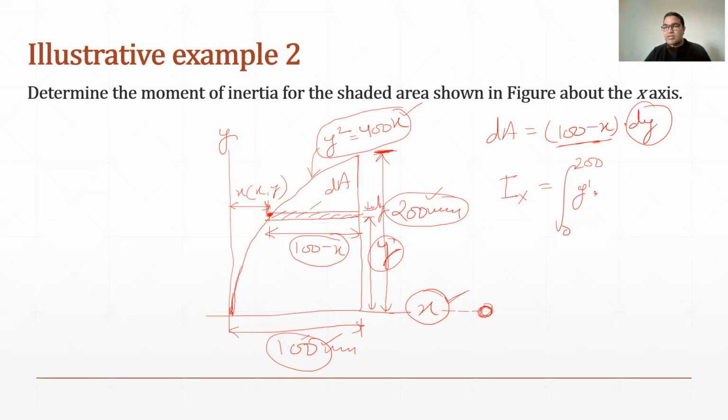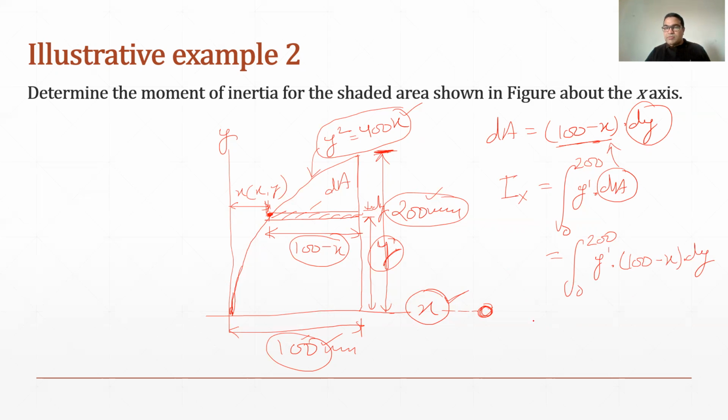So that is our condition. Now again, further solving it, we put the value of dA here. So this becomes 100 minus x into dy.